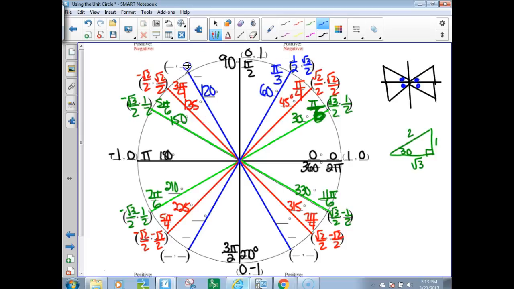1 pi over 3, 2 pi over 3. We keep going. Let's go every 60 degrees. 3 pi over 3 would be at pi. 4 pi over 3 would be down here. And 5 pi over 3 would be the last one, because you're going all the way 60 degrees. All right, all the points are the same, except the sign changes per the quadrant.